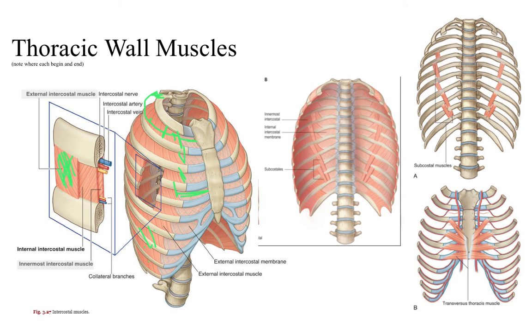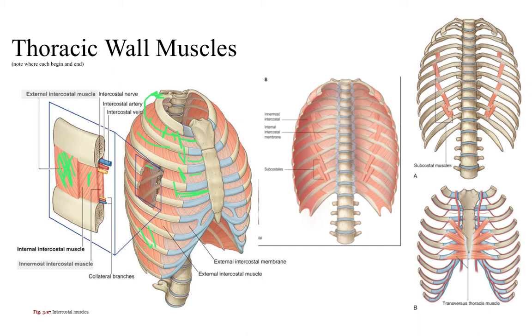All right, so every external intercostal goes only about to where the border of the rib and the cartilage for the rib that attaches the sternum is. So then the rest is external intercostal membrane. All right, underneath there, you have the internal intercostal muscle.